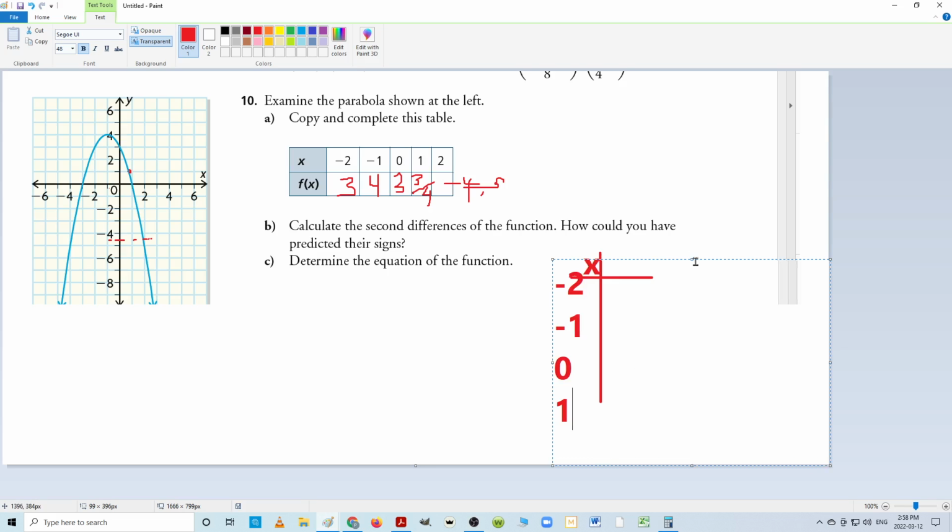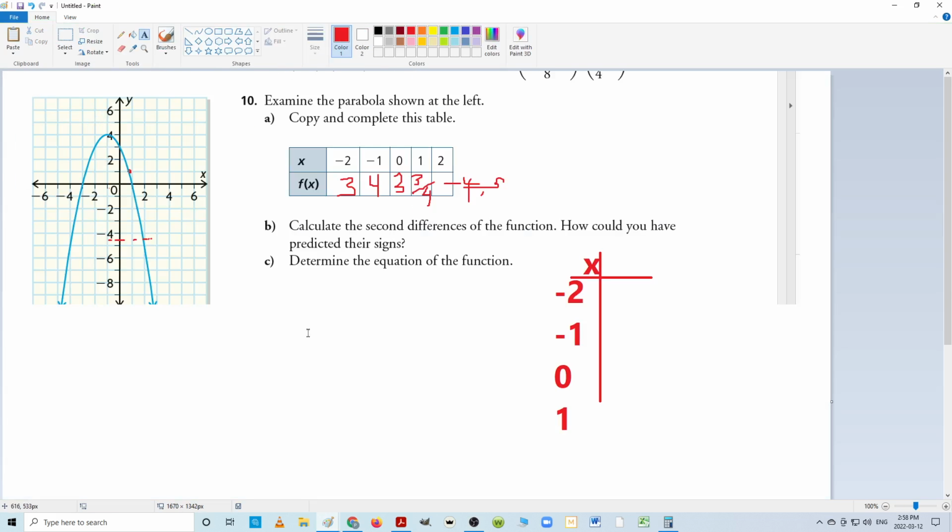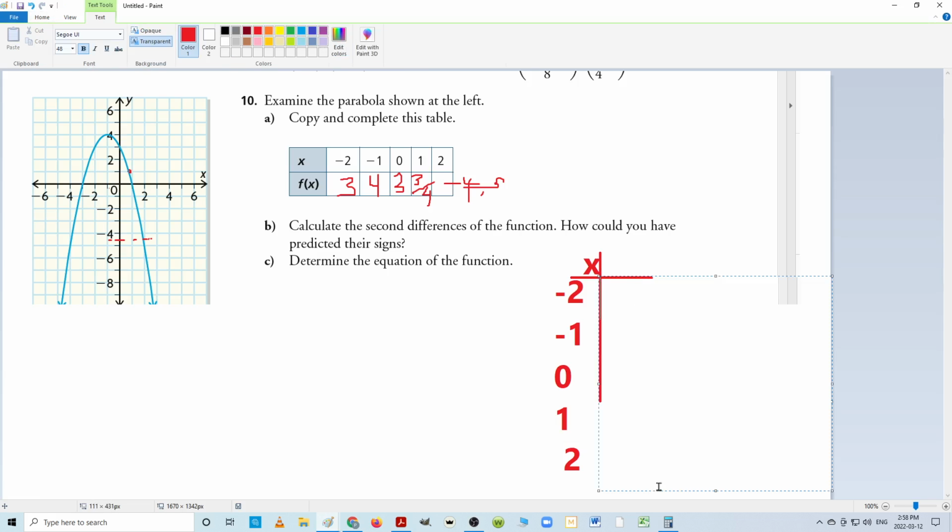And the last one is 2. And then if I rewrite my y values, I get 3, 4, 3, 3/4, and minus 4.5.